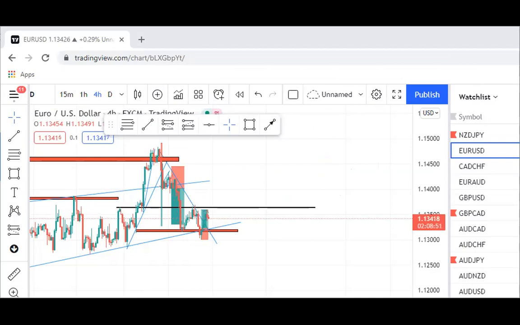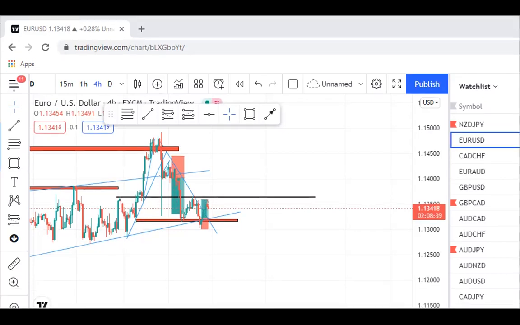All right, so let me split the camera. I'll go to Zoom, share screen.